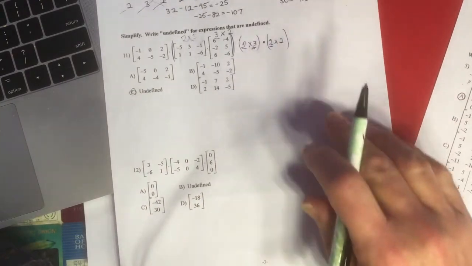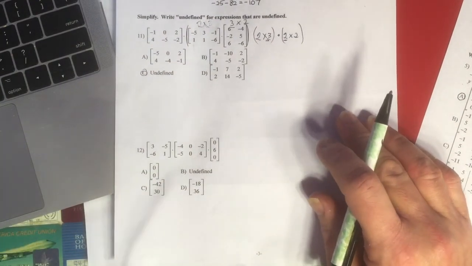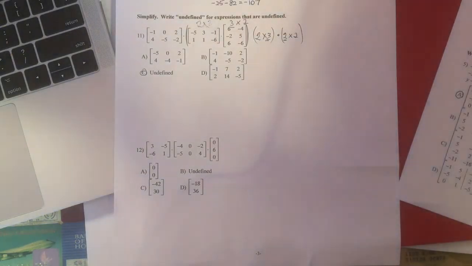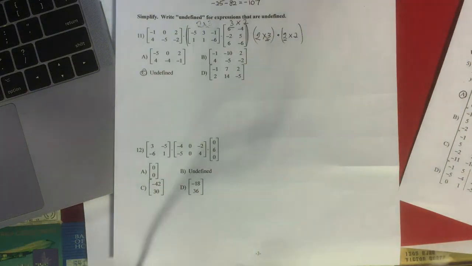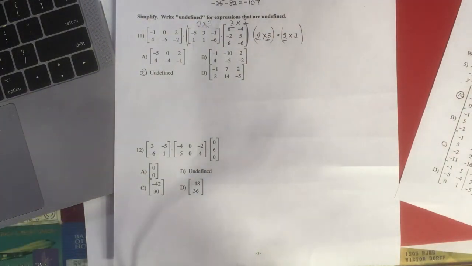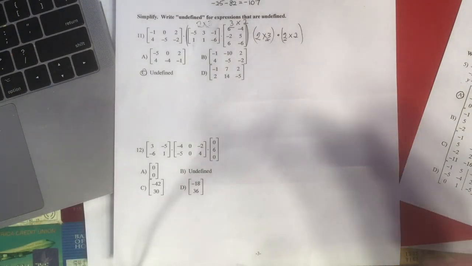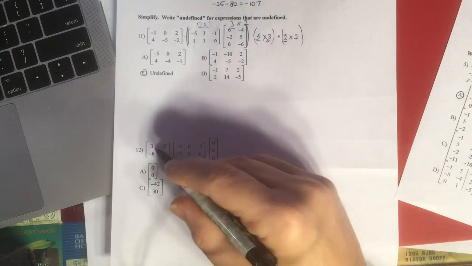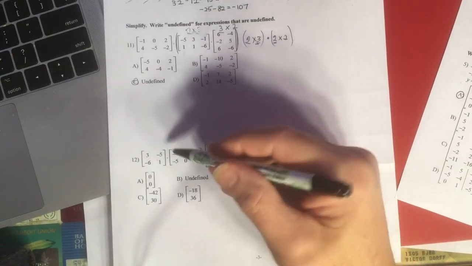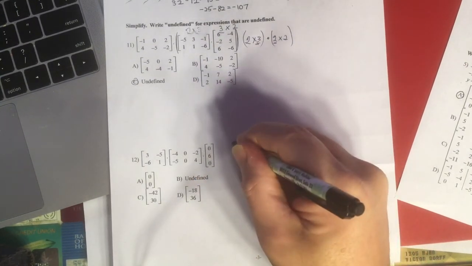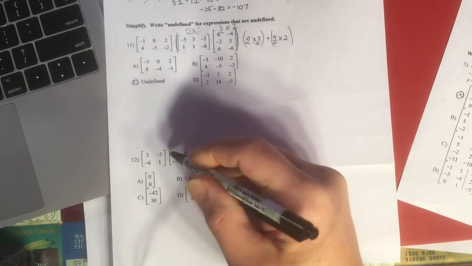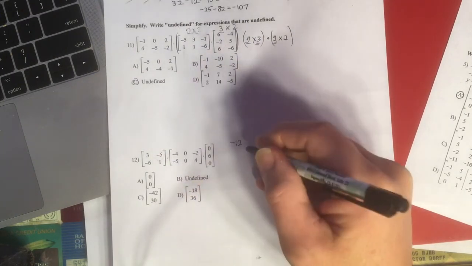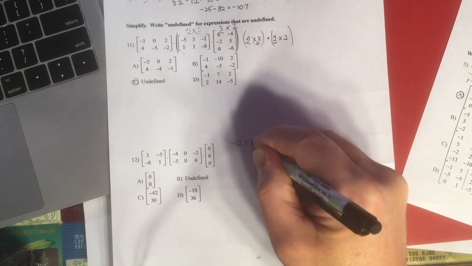Here, I put this one in because you have to know the procedure, but there's a lot of zeros, so that helps. In order to multiply these 2 together, it's 3 times negative 4, which is negative 12, plus negative 5 times negative 5, which is 25.